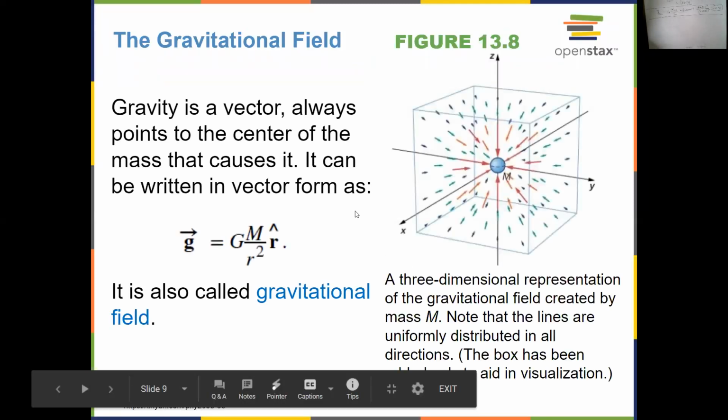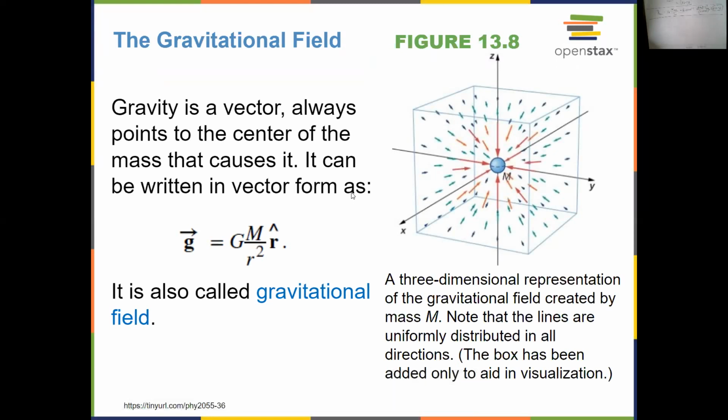All right, so gravity is a vector. We know that because it's gravitational acceleration, it's an acceleration, so it's a vector. It always points towards the center of the mass that causes it. For example, if this is the Earth, then on the surface of our Earth it is downward, because that's the direction to the center of the Earth.